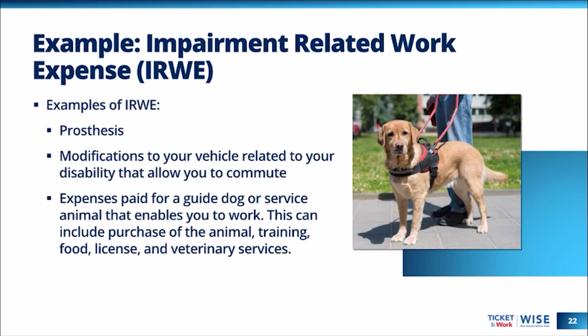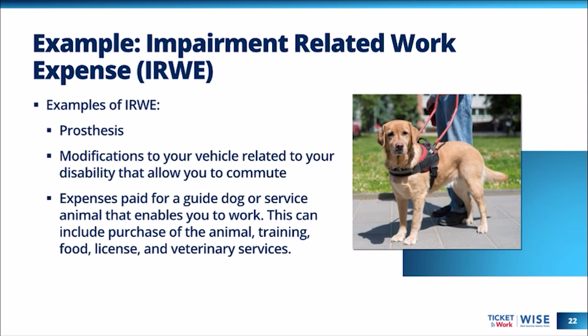It's much more than just the pup. This can include the purchase of the animal, the training for the animal, the equipment that you need. That little harness that pup's wearing right now is an expensive piece of equipment. How about food? How about veterinary services? How about licensing in your city, town, or county?